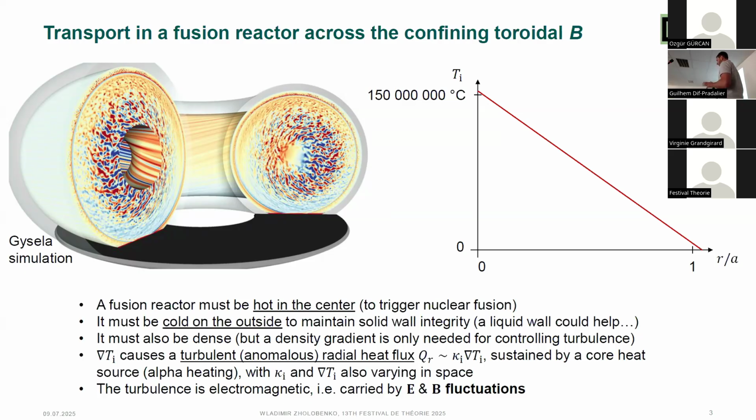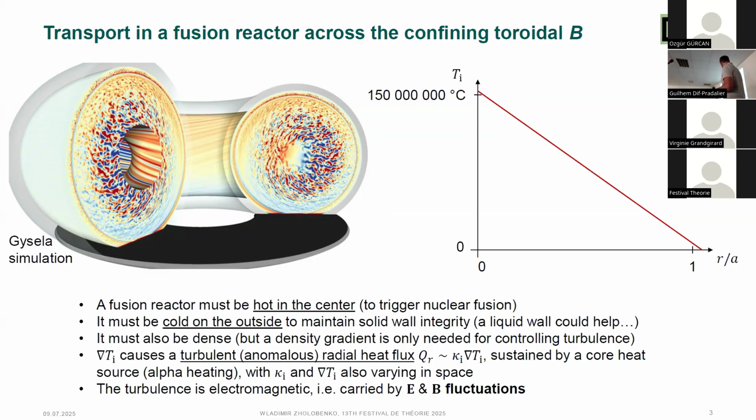And the reason that we get this turbulence is that we require gradients in the plasma. We need the plasma to be around 110 million degrees Celsius in the core of the device to trigger the nuclear fusion reaction. While on the outside, the plasma needs to be roughly at room temperature because it has to be in contact with the walls at some place, and we don't want to damage the walls and damage the plasma.